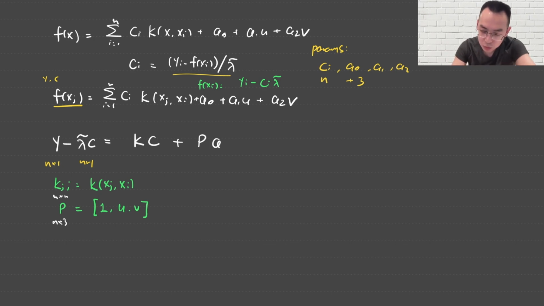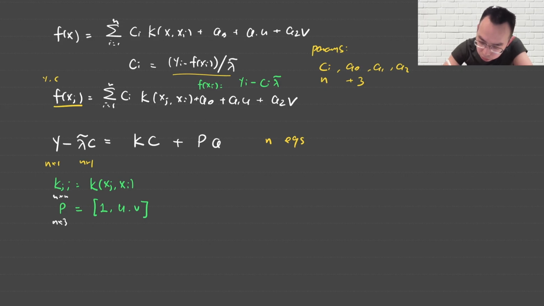Also, you see here that the number of equations we have gives us n equations, but we have n plus 3 parameters, so we need to fix the identifiability problem. So we can add 3 more equations to get an equal number of equations and parameters.